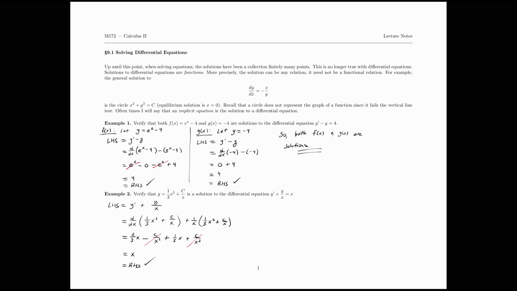And in the case of this solution, it just gives us a different solution to the differential equation. All right, so this right here implies that y equals 1/3 x squared plus c over x is a solution.